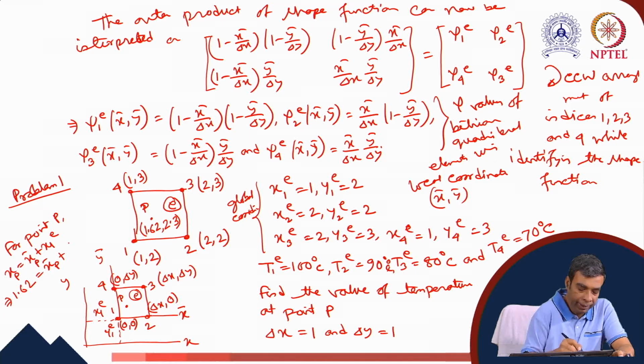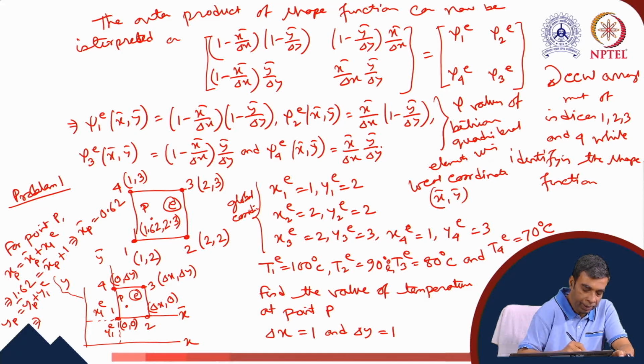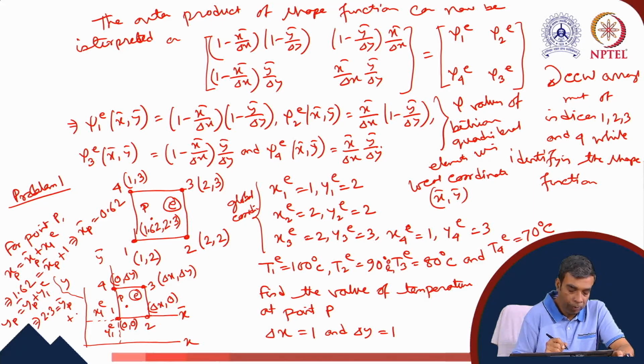So x1e is 1. From there we find xp bar equals 0.62, and similarly we can find yp equals yp bar plus y1e. This gives us yp was 2.3 equals yp bar plus y1e, it was 2 units.